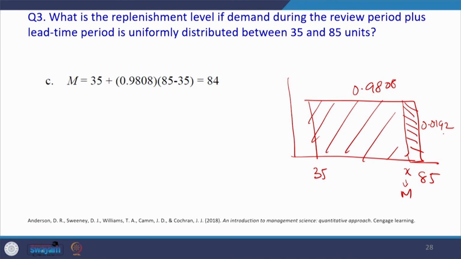So, the left side area is 0.9808. So, this much percentage of your B minus A, that is 85 minus 35, equal to 50. Now, 50 multiplied by 0.9808 plus 35, you will get 84.